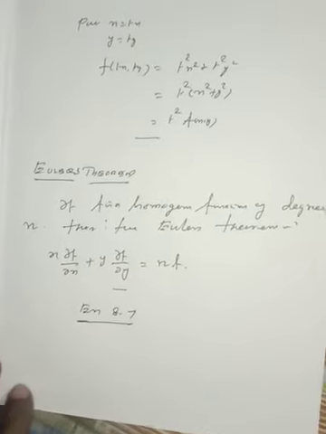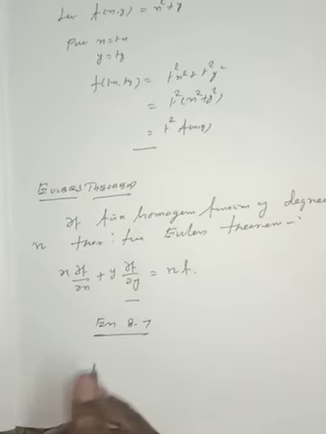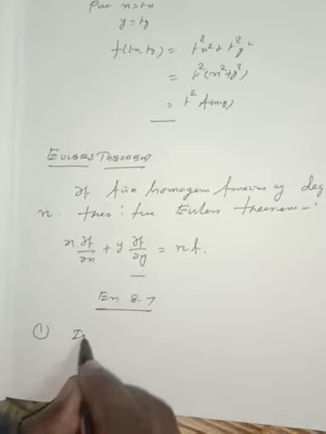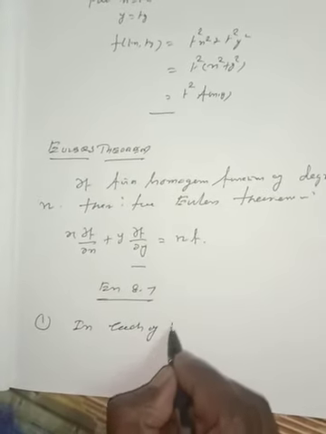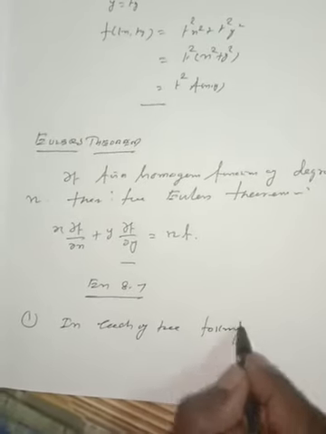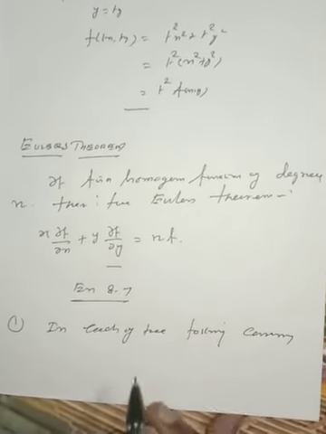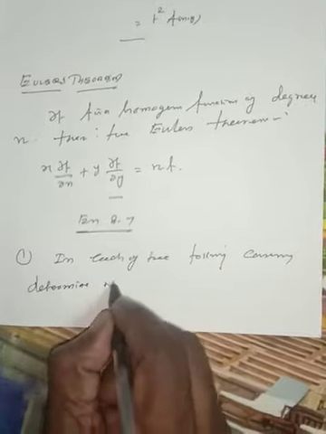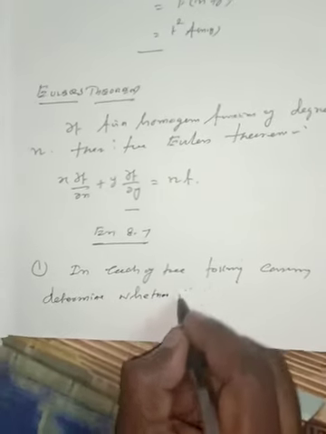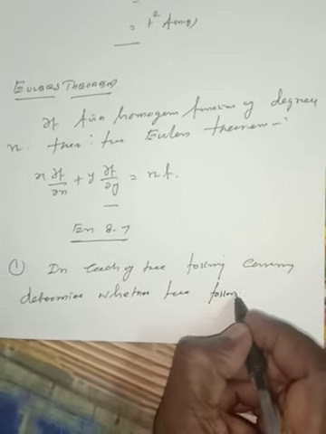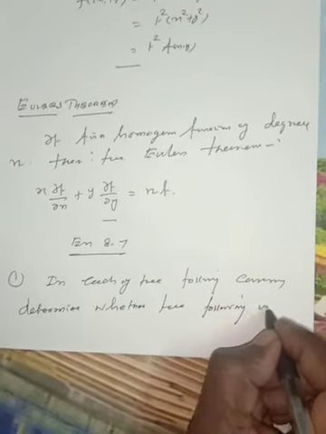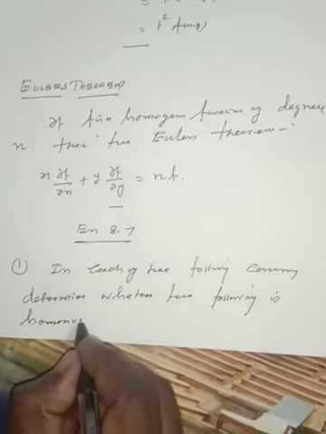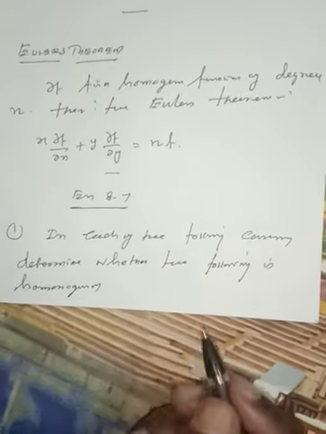Now exercise 8.7, sum number 1. In each of the following cases, determine whether the following is homogeneous or not.